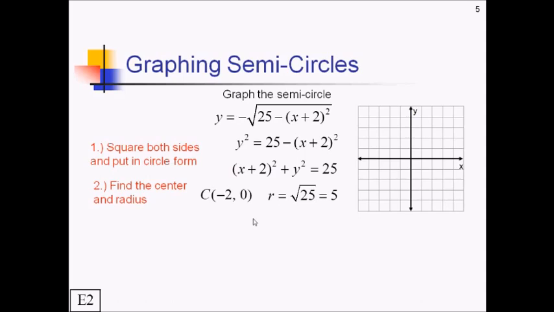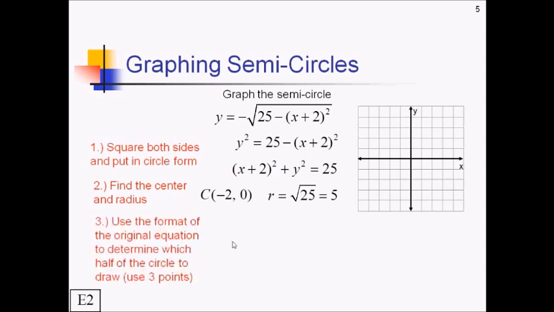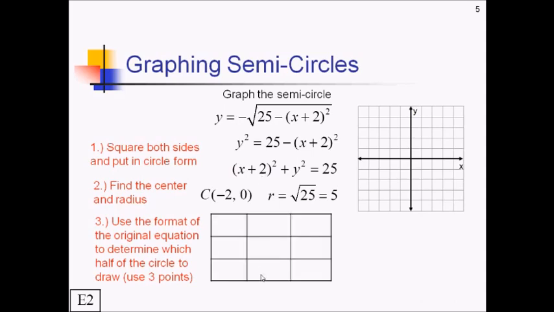And at this point, we have to figure out which half of the circle we're graphing. So we're going to figure that out by using the format of the original equation up here. That'll tell us which half of the circle we're drawing, and we're going to use 3 points when we draw this out. But let's figure out which half first. So I made a little table here. There's actually 4 different possibilities you can have. So on the left side of the equation, you could have an x equals or a y equals.